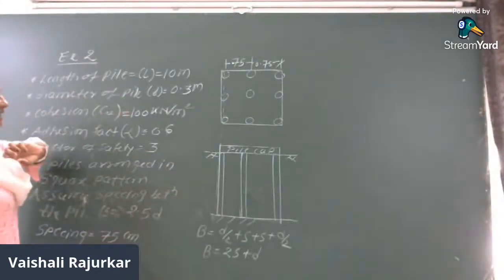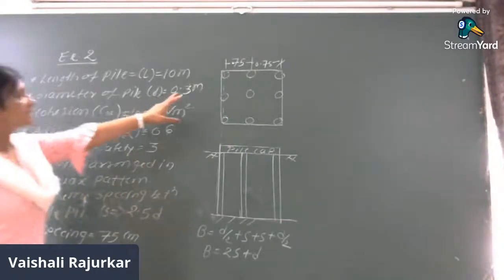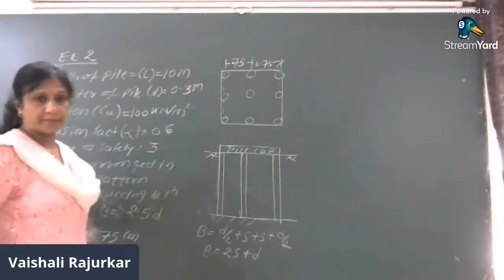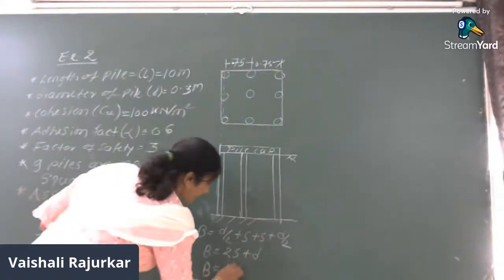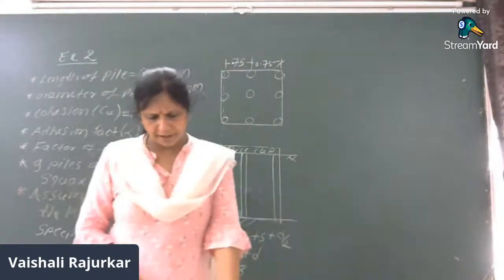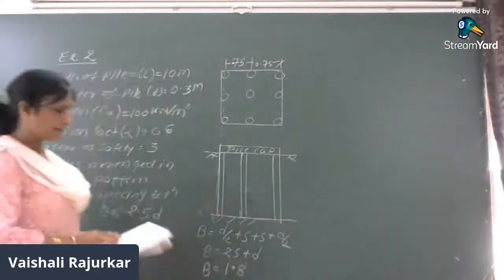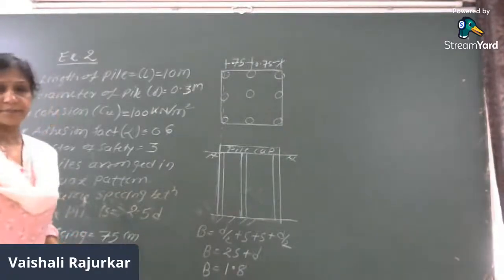S is 0.75. 2 times S means 1.5 plus diameter 0.3. This is assumed to be 1.8. So there is a spacing between the piles, it is 0.75, and the B is calculated as 1.8 meters.